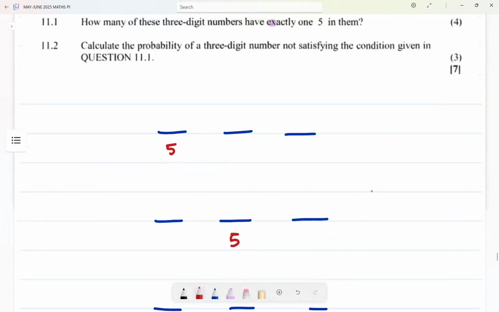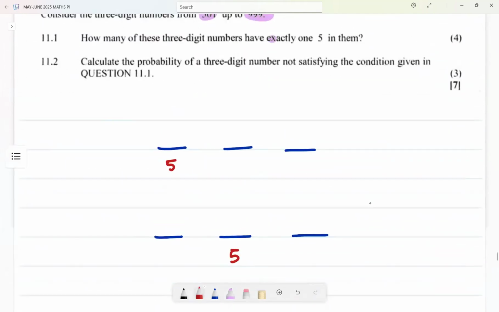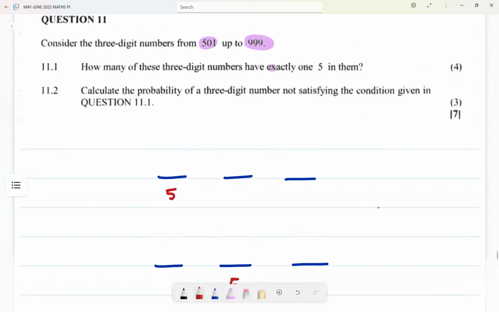But now we only want these to have exactly one 5 in them.